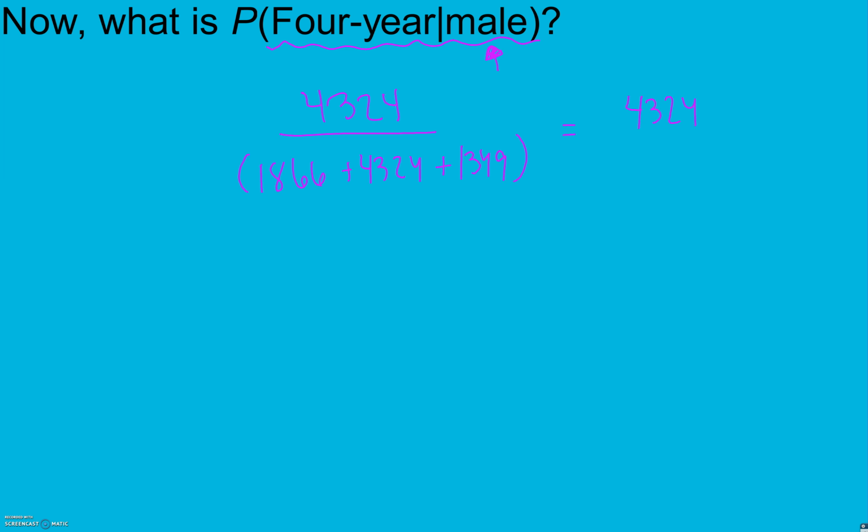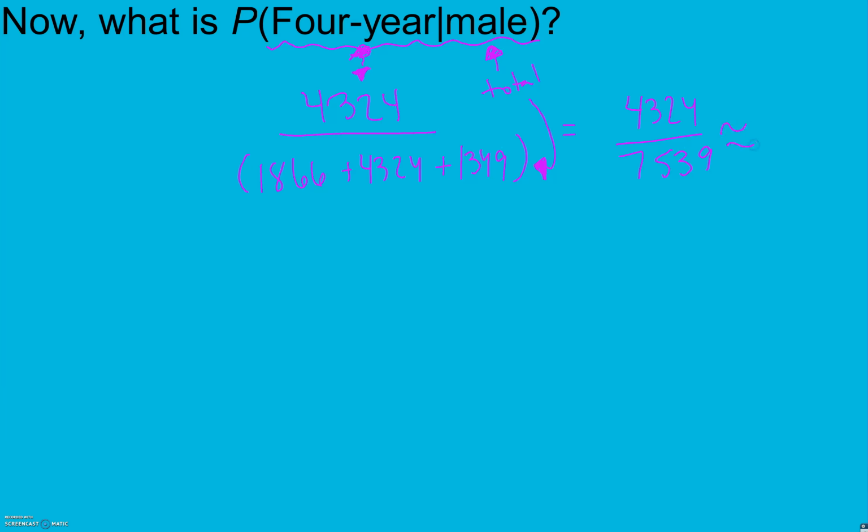Combine our denominator here to find the total amount of male students we have. 7539. So again, we want the total amount of male students to go in the bottom part. That's our A. Given that we're comparing all of the male students, how many of them are in a four-year college?